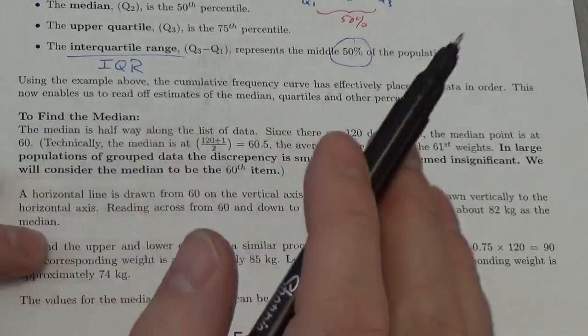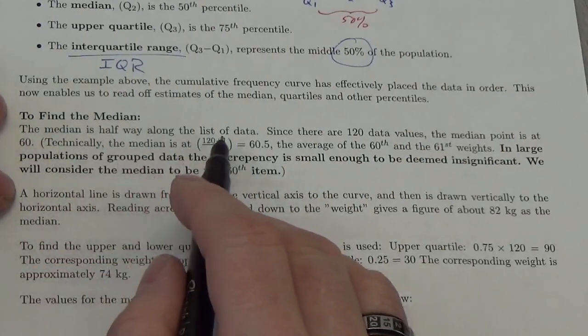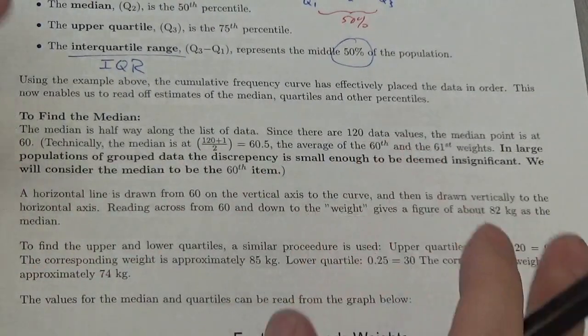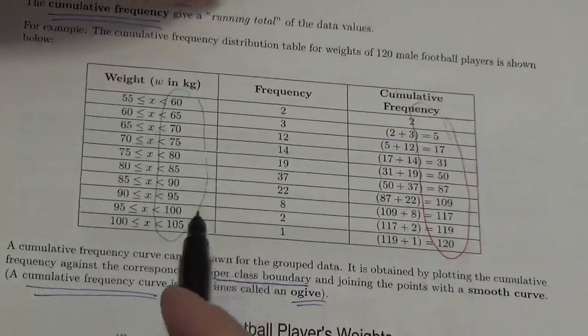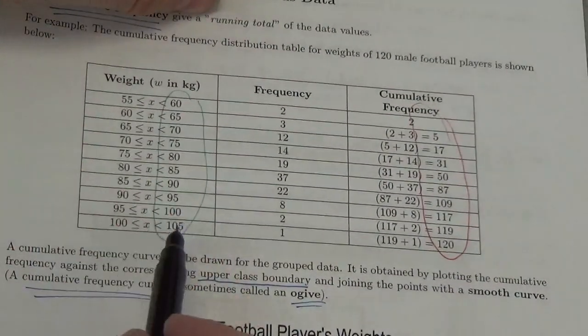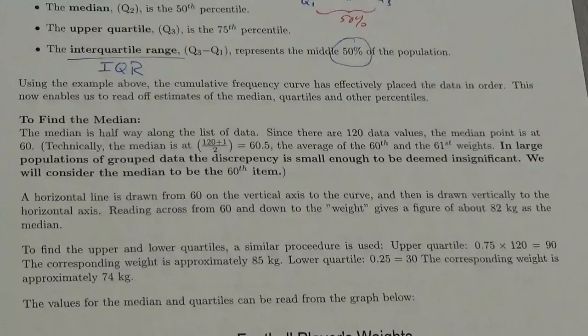To find the median, first of all, the median is halfway along the list of data. So in this particular case, we know that there's 120 data values. First of all, we were told that. But secondly, we can go down through our class intervals, and when we look at our cumulative frequency at the very end, we get 120. So I know there's 120 people here, or objects being analyzed.